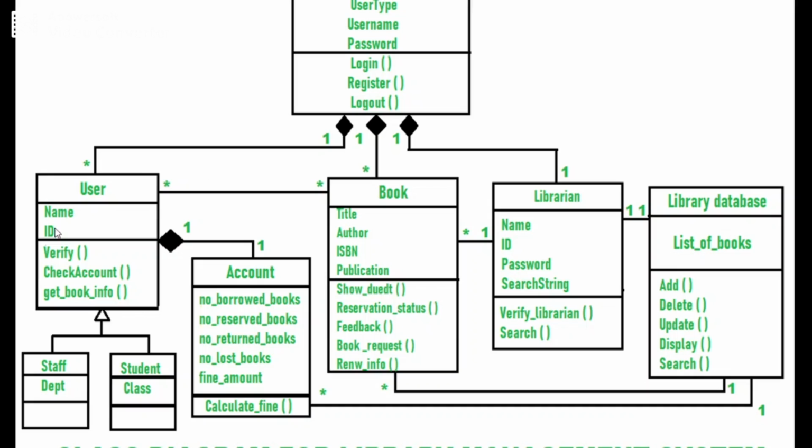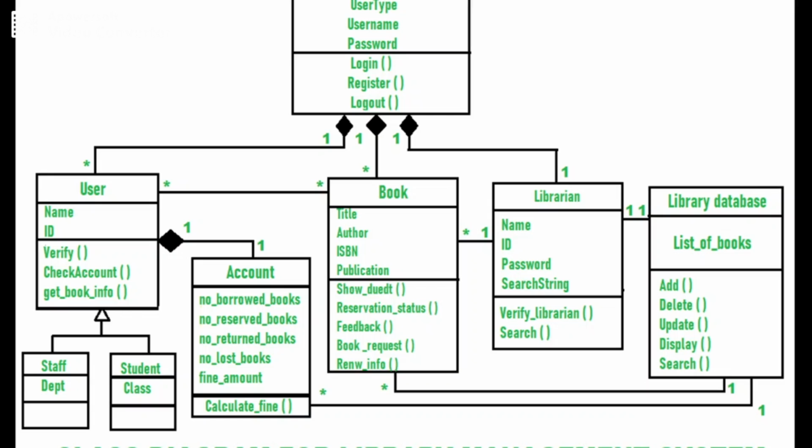Then we'll see user and book. N users can borrow n books. Then library management system 1:n book, so this system can provide n books. The library management system and librarian, can you see what is the association? 1:1 means one library management system can have one librarian. Librarian and library database 1:1, so each librarian will be maintaining only one database, keep in mind.